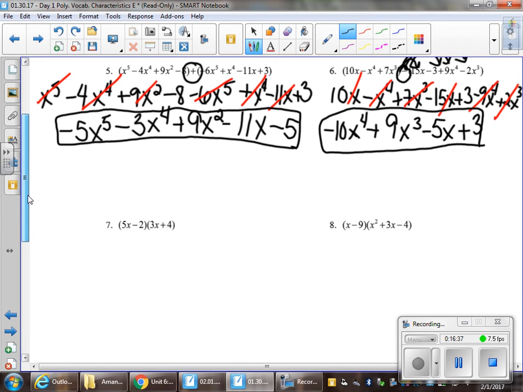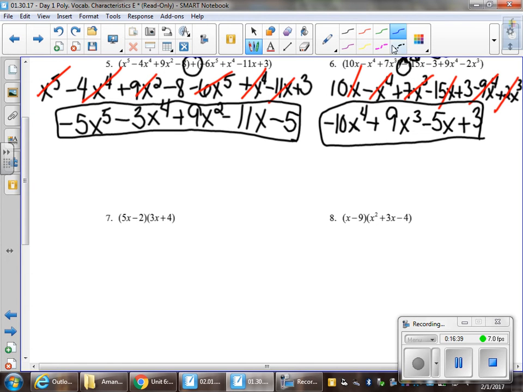I'll leave this up a little. What about this one? How are we going to do this one? By distributing each term? Is that what you're saying? Yeah. Okay, so what am I going to multiply first? Which becomes? Just 15x? Squared.